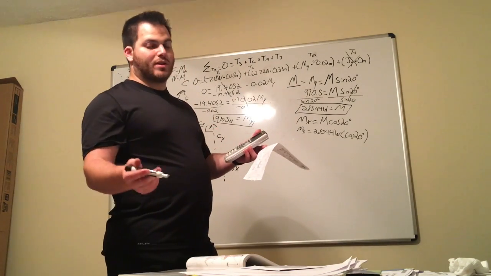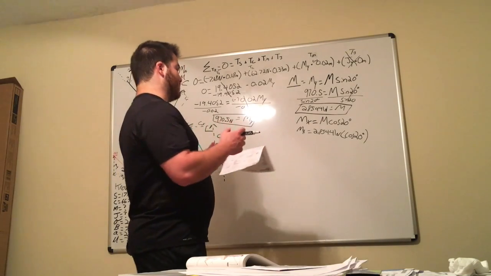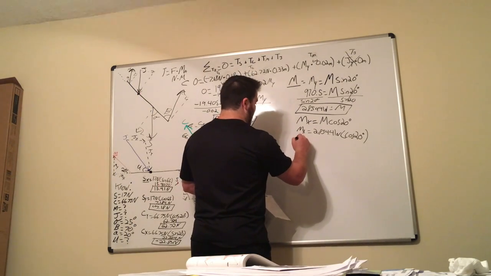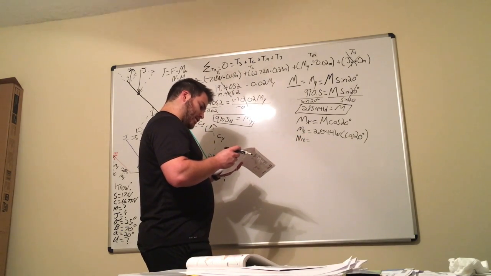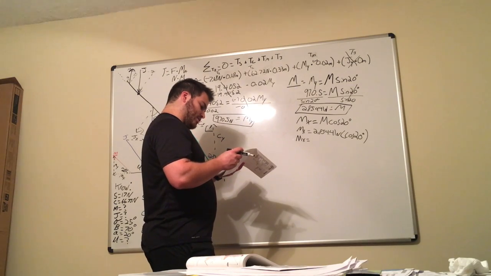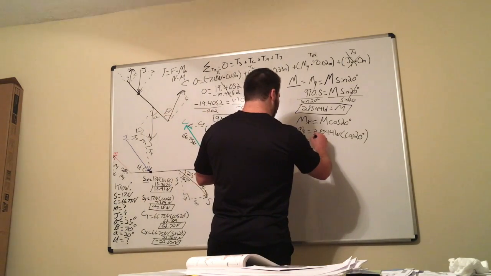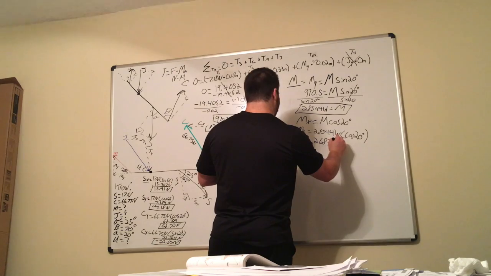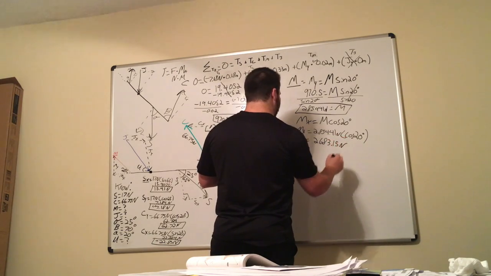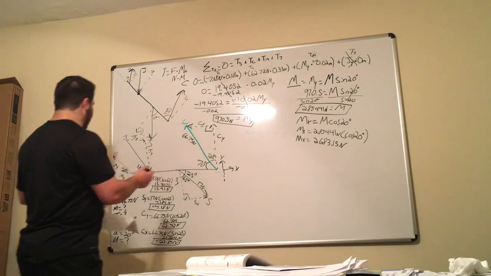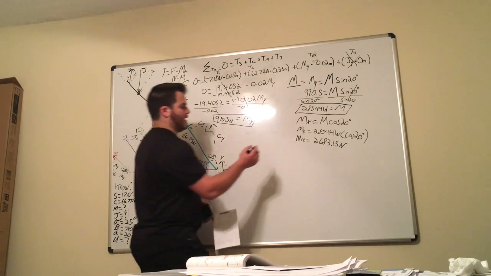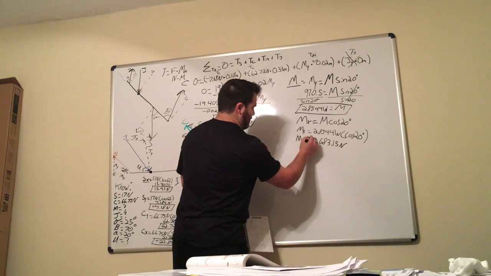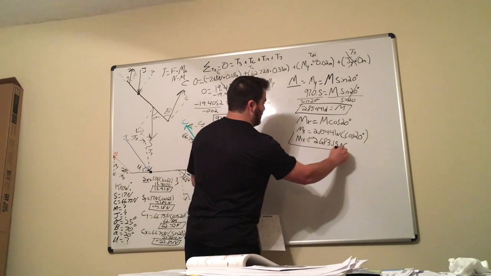When you do that their way, you're going to get M of x is equal to 2,683.15 newtons. And let's see, x is going to the left, so it's going to be negative. We'll box that as our answer for that one.